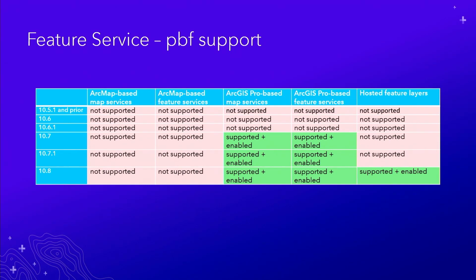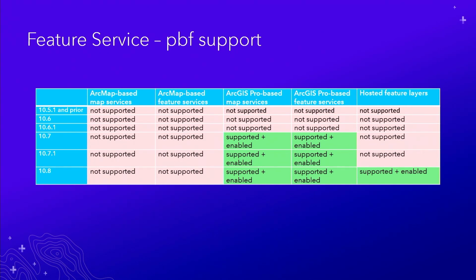Hosted feature layers, regardless of how you published them, also now support returning PBF beginning at 10.8, which was just released. Ultimately, you don't have to do anything yourself to take advantage of this. The clients will figure this out and recognize what's available, but if you're truly trying to get every single last ounce of performance out of the system, then it's important to understand what came in at what versions.